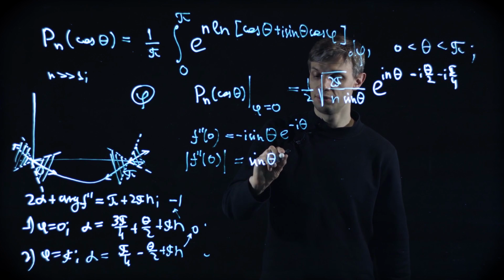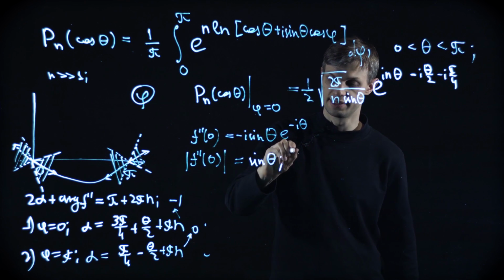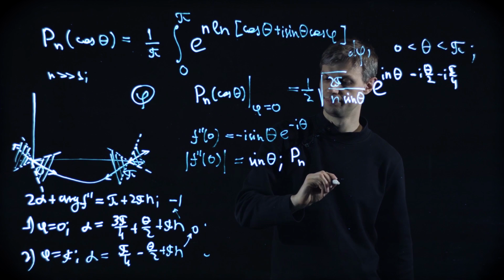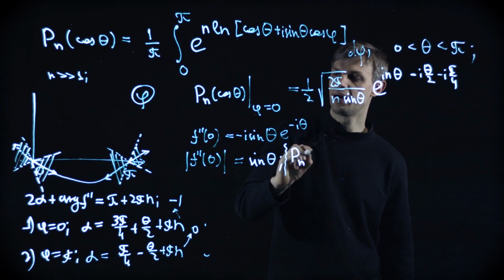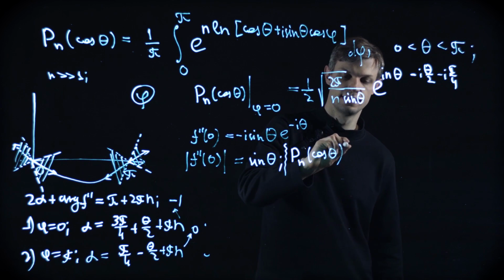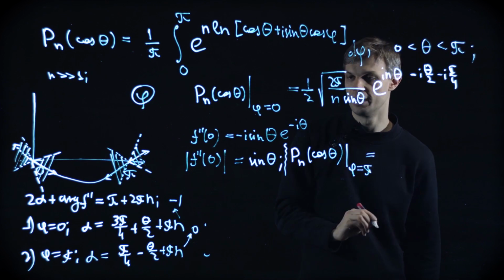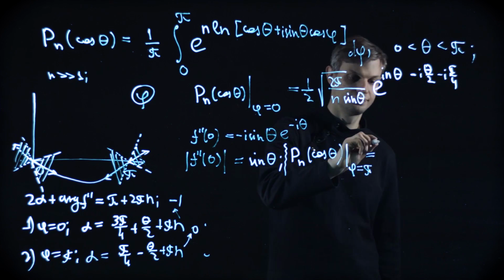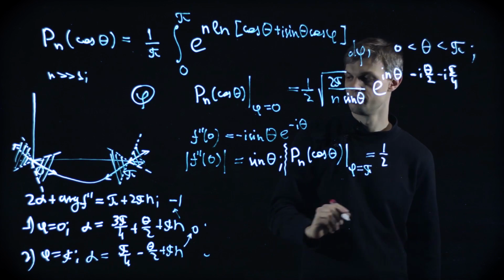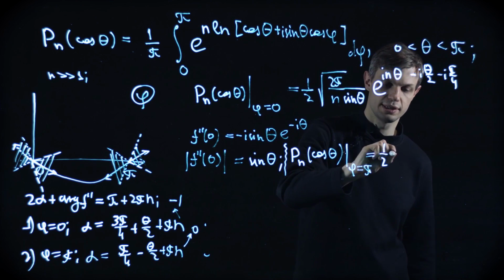And in the same manner, we compute the contribution from the second saddle. So P_n of cosine theta from the vicinity of pi. Again, it's 1/2 because we just climb to the saddle.